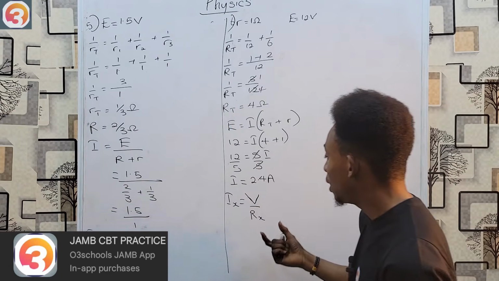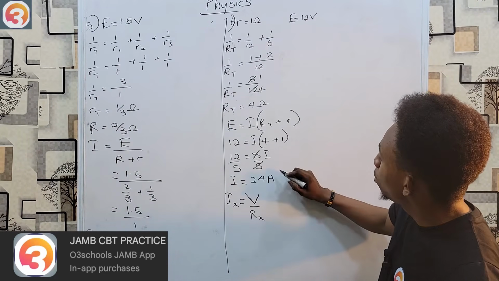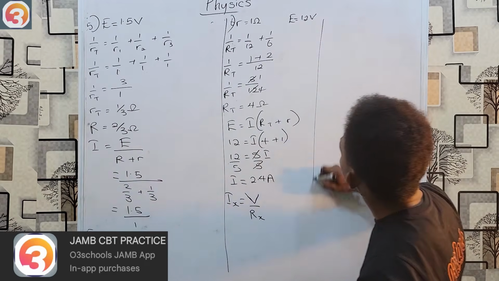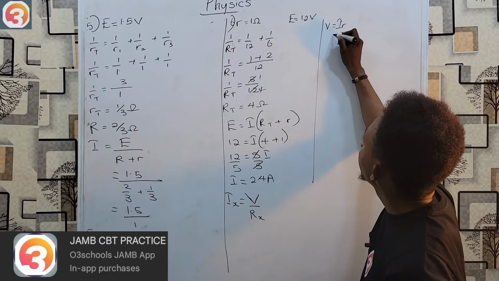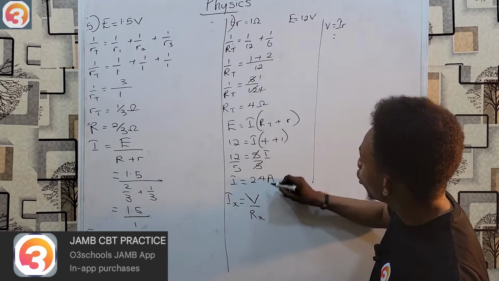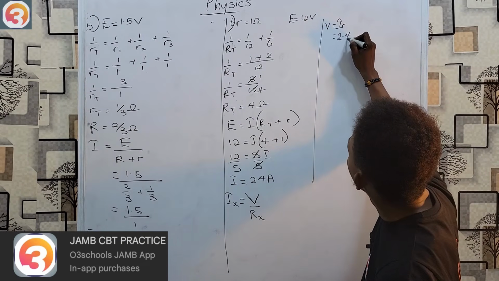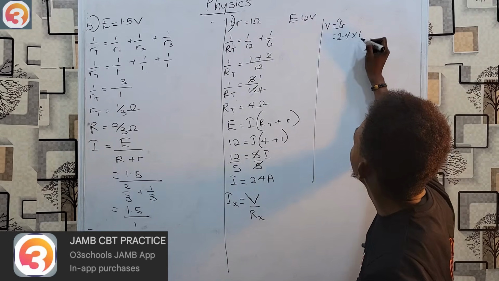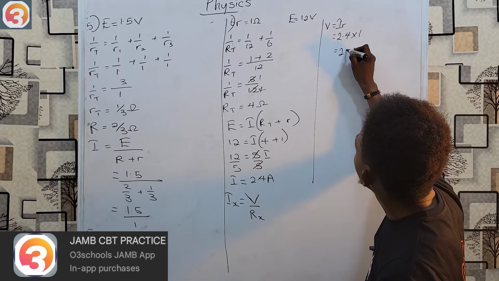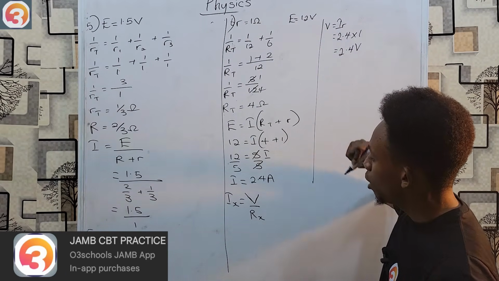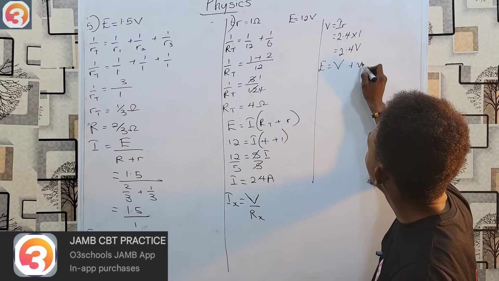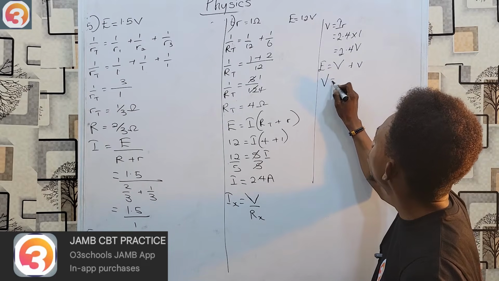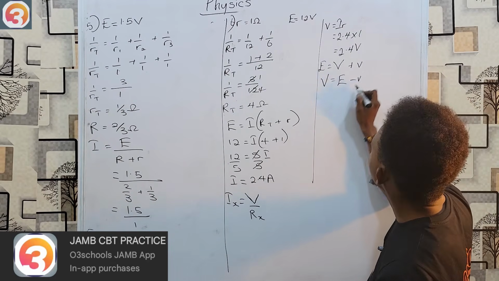How may I obtain this terminal voltage? I can obtain it by simply saying my lost voltage, small v, equals I times small r. My I I've gotten is 2.4 and my small r is 1. So 2.4 times 1 is 2.4 volts. Therefore, E equals big V plus small v. And big V will therefore be big E minus small v.